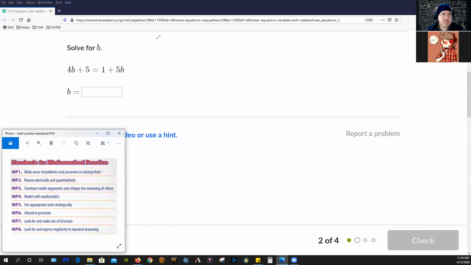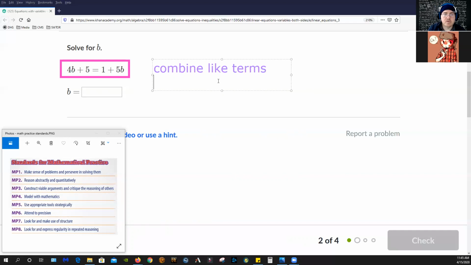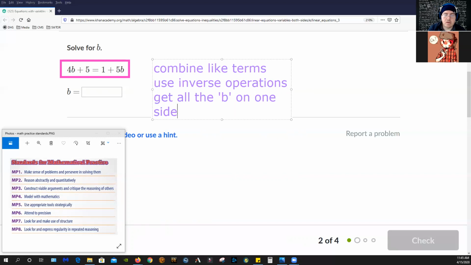So we are given this equation, and it's your job to figure out what B is equal to. So if I had to just give you little reminders, combine like terms, use inverse operations, get all the B on one side.